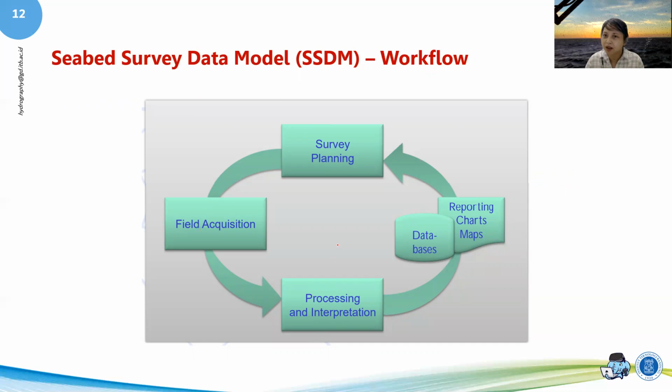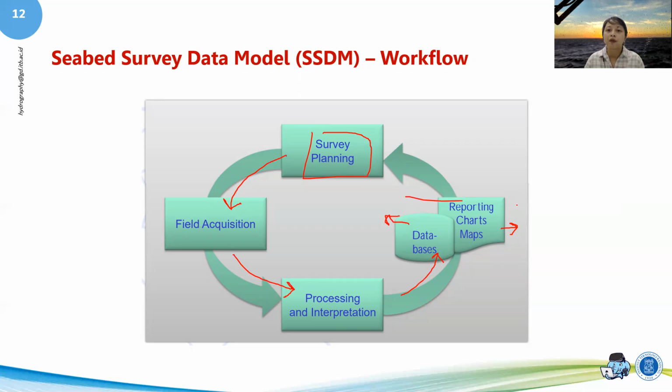So this is basically the workflow. You can start anywhere, but basically it's kind of a circle. So for example, if you start at the survey planning, then you will do field data acquisition, and then you will do processing and interpretation if you need. And then you will make your reporting charts and maps. That's basically your final product. But you will also make the database as well, your GIS database.